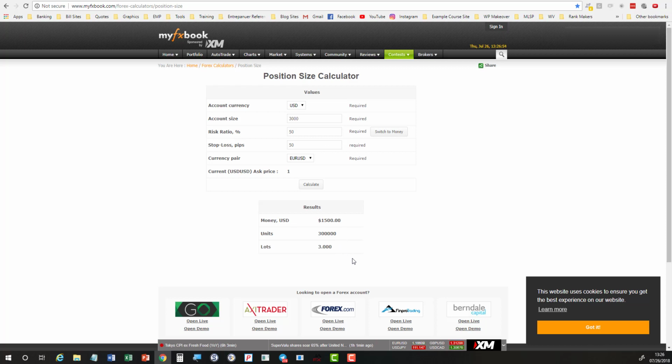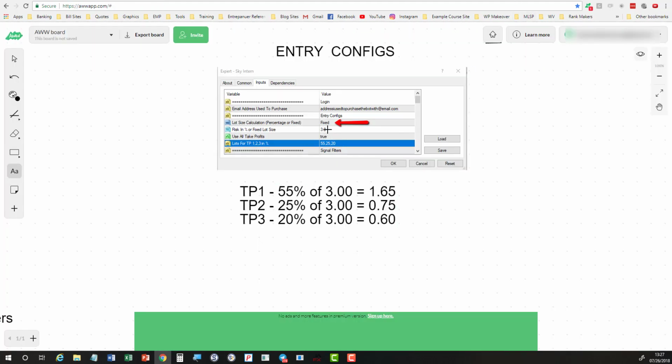Okay? So I cannot overemphasize how important it is to make sure that you use the correct numbers here, whether it's percentage or whether it's a fixed rate. So if you're going to do a fixed rate, make sure that you change these numbers.